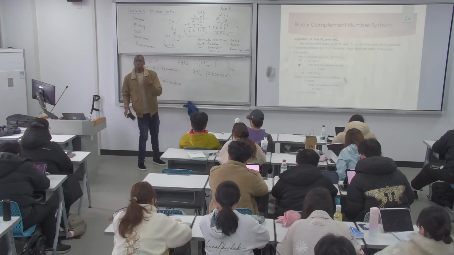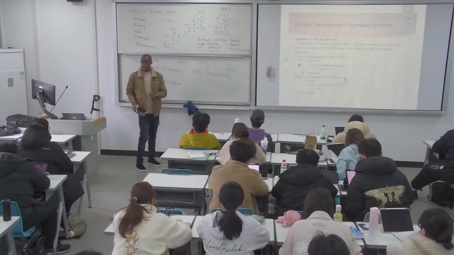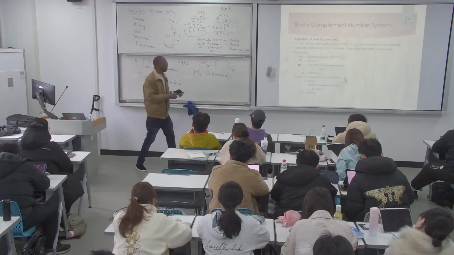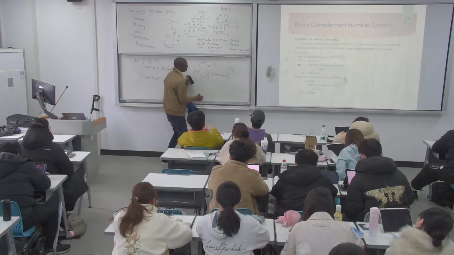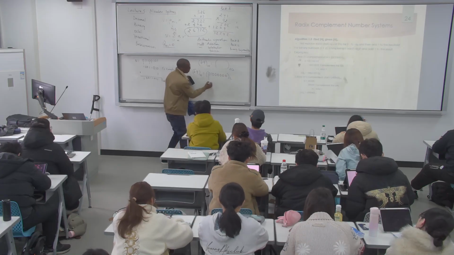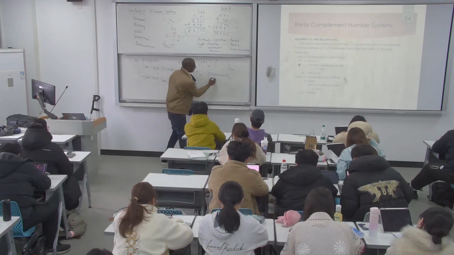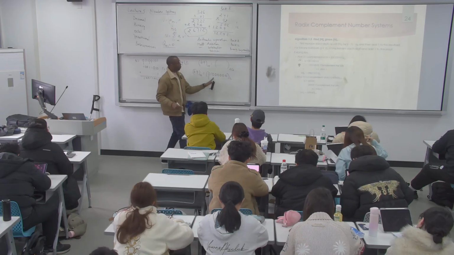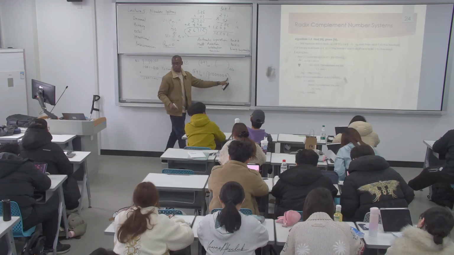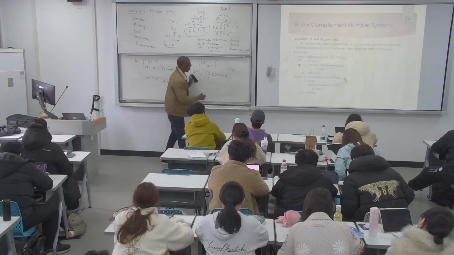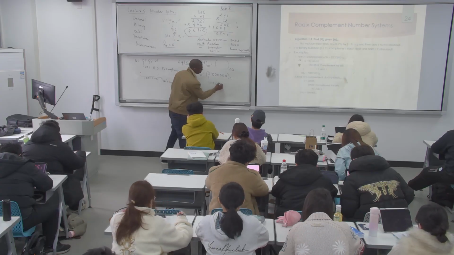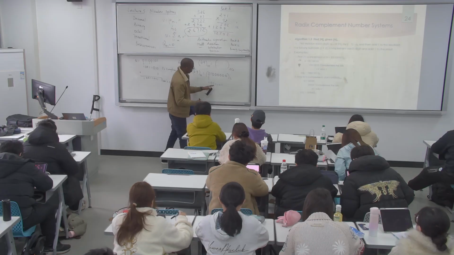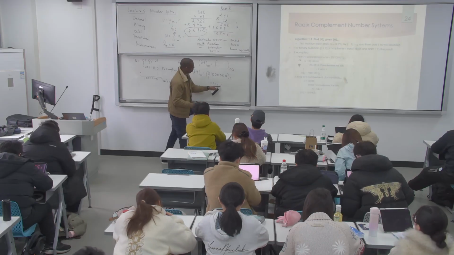We wanted to find 1's complement of this number. I need to invert the bits. If I invert this bit, it is 1. If I invert this bit, this is 0. Then how many are left? We have 6 zeros left on this side, so we have 1, 1, 1, 1, 1, 1. How many? 1, 2, 3, 4, 5, 6.